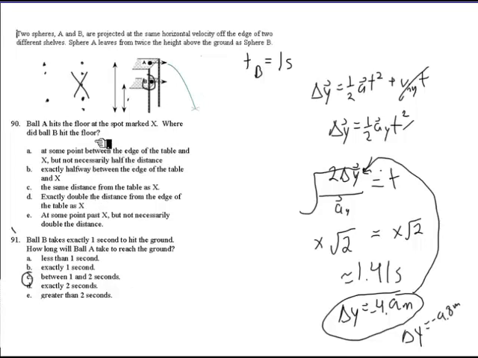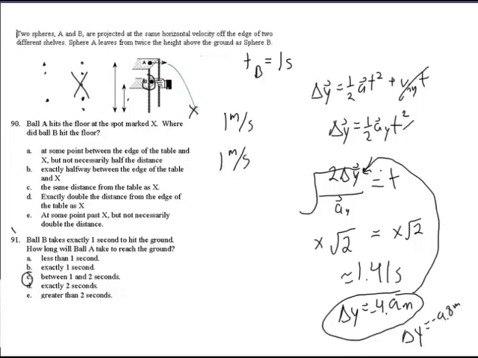For 90, it says ball A lands right here. Where does ball B land? Well, they're both moving to the right with the same speed. Again, if it helps you, make up a number. Say they're both moving to the right at 1 meter per second.